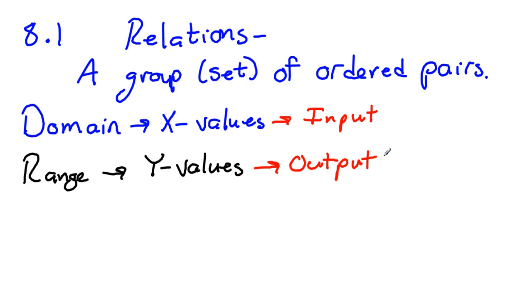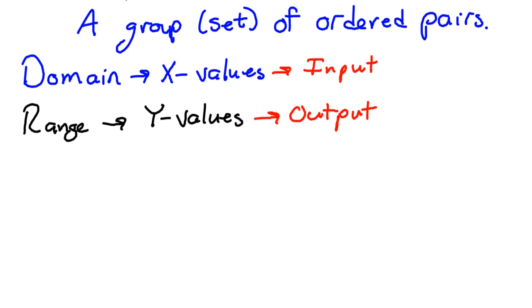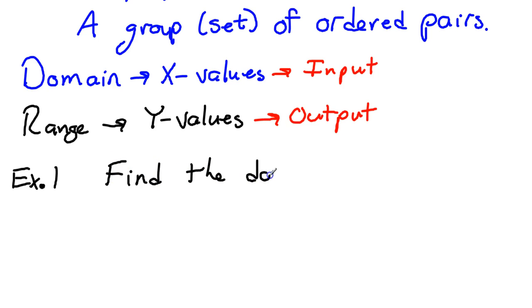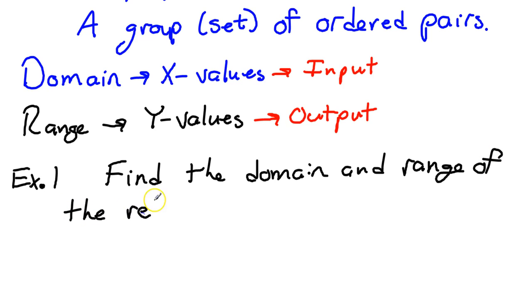And what they're going to do is they're just going to give you some different options of ways that you can see ordered pairs, and they're going to say, all right, here's a bunch of ordered pairs, here's a relation, tell me what the domain and range are. Okay, so again, pretty straightforward.